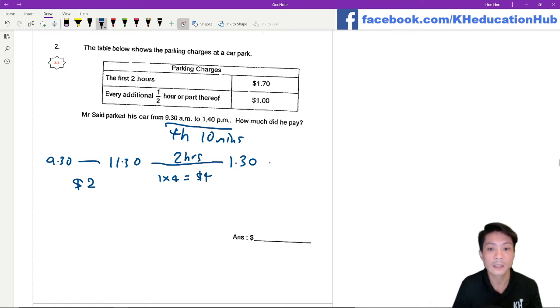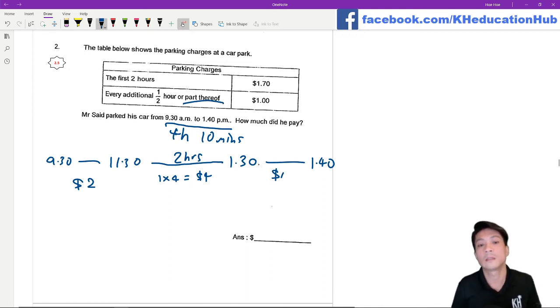Now for the last 10 minutes, to 1:40, you still need to pay $1, because of the part thereof. So anything exceeding 1:30, you will need to pay. So altogether will be 2 plus 4 plus 1, which is $7.